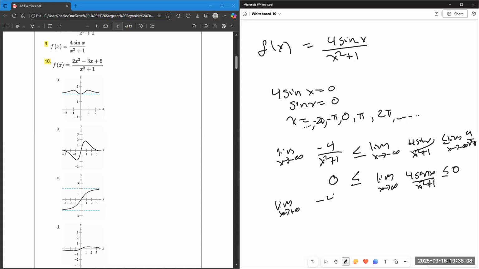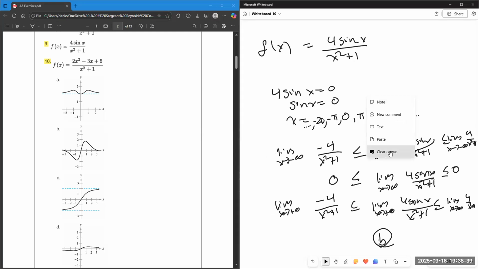If I write this as -4 over x squared plus 1, limit x goes to positive infinity, 4 sine x over x squared plus 1, limit x goes to positive infinity, 4 over x squared plus 1, it will likewise stay between 0 and 0 and go to 0. So we have all the evidence we need that that's B.